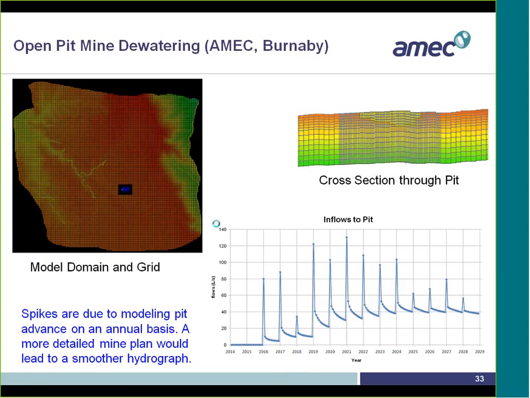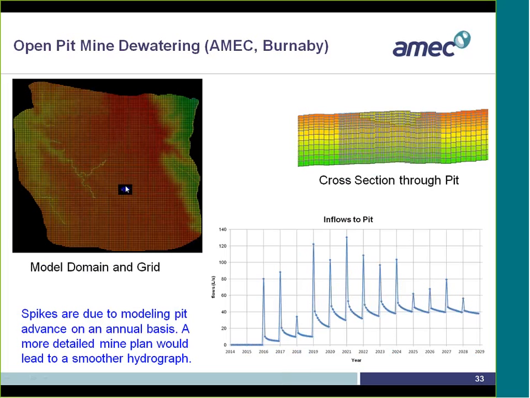Another application is this open pit mine dewatering. This is an AMEC Burnaby application, and here's the mine. That is the model. So you can see how much of the model was required, because there are river features over here which needed to be included to the east as well as over here to the west.